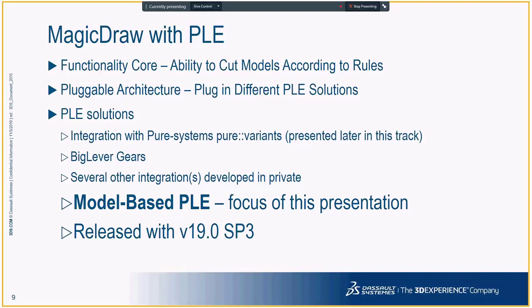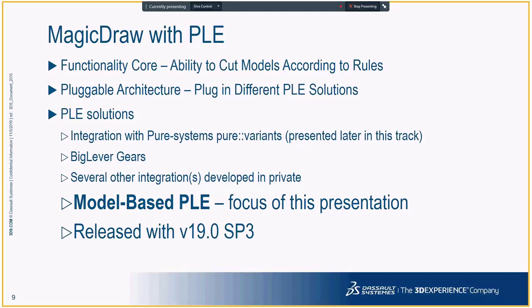But now with the 19.0 SP3, we are releasing our own implementation of PLE, which we called model-based PLE or MBPLE, which allows us to do the entire thing, meaning the feature model and configurations inside the Magic Draw, and then cut and rearrange Magic Draw models without a need of any third-party tool.